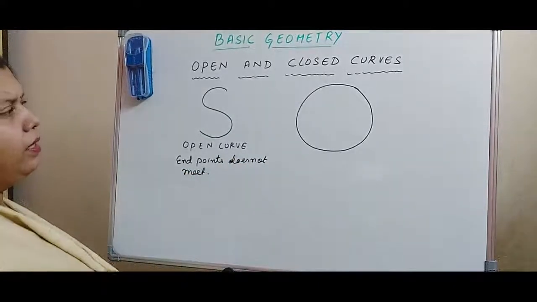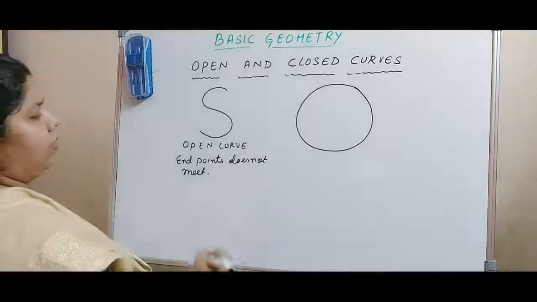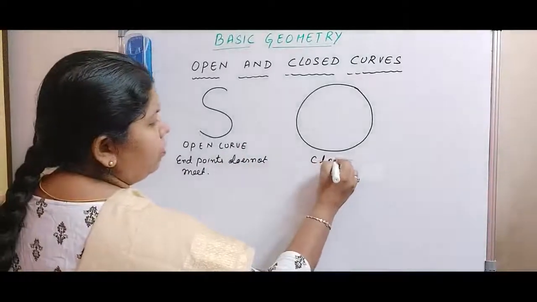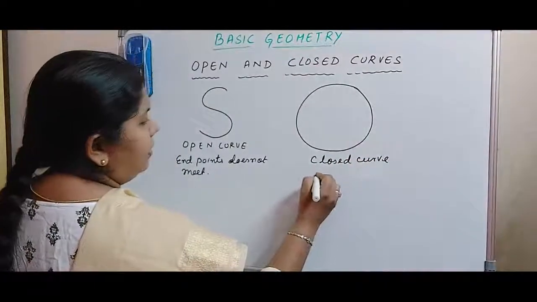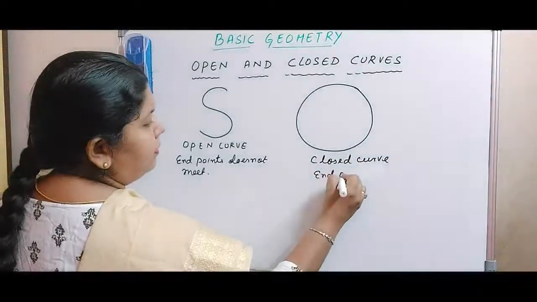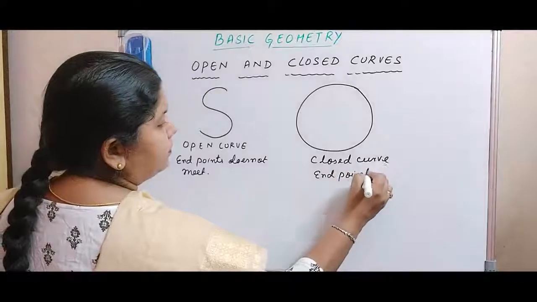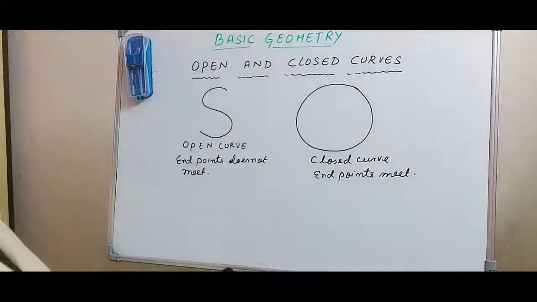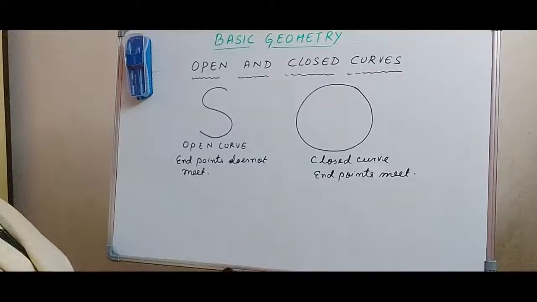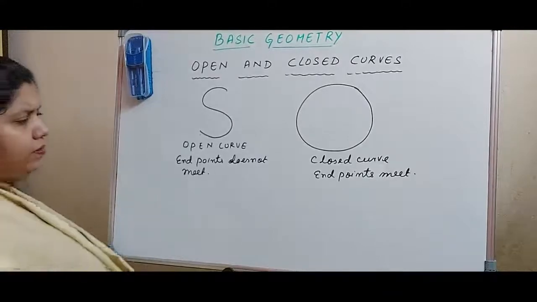But look at here, this is a closed curve. Here you can see the end points meet. Why is it closed? Because its end points meet. Now a closed curve is again of two types.